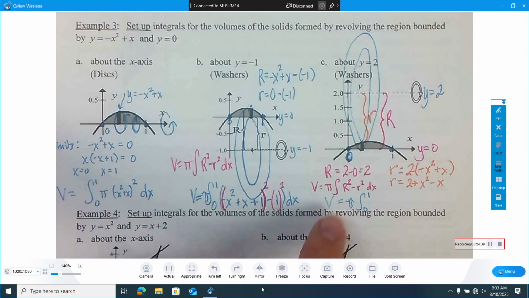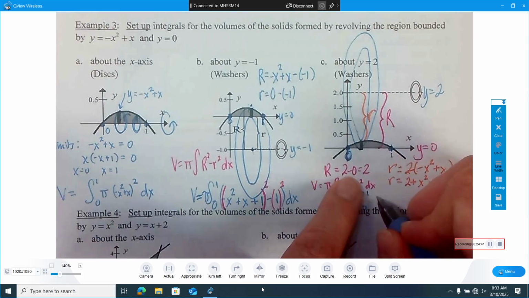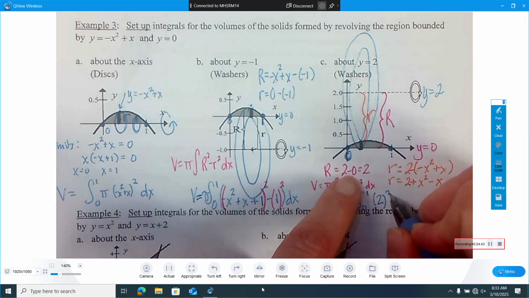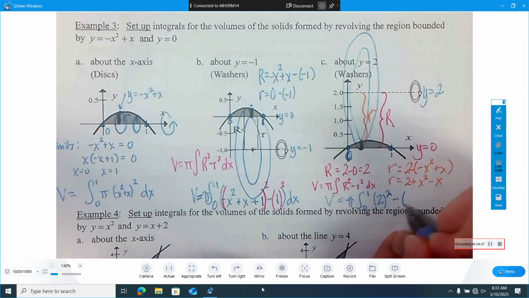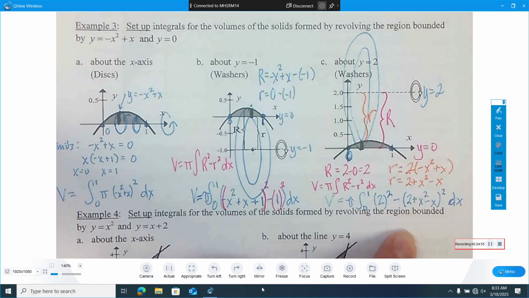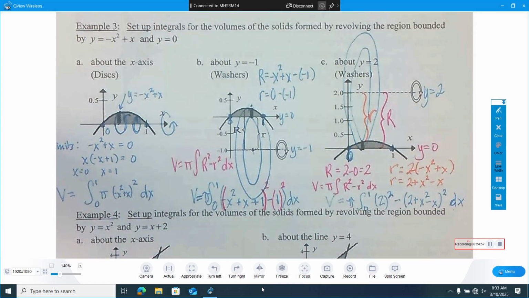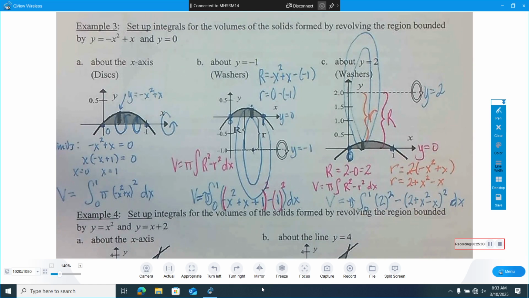And we have big R squared, which is just 2 being squared, minus little r squared, which is minus the entire 2 plus x squared minus x quantity squared, and don't forget your dx. All right, how does that feel to you? Does that feel okay? Feels okay? All right. Kind of an interesting process.